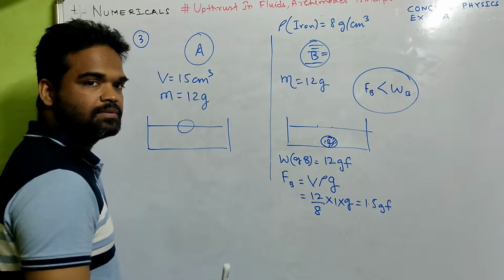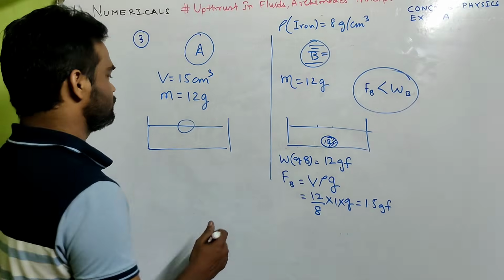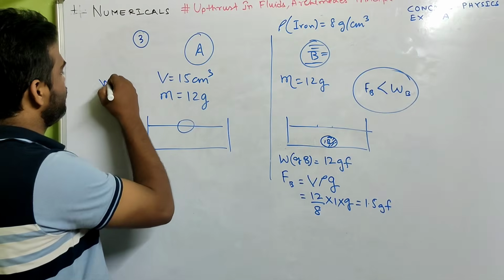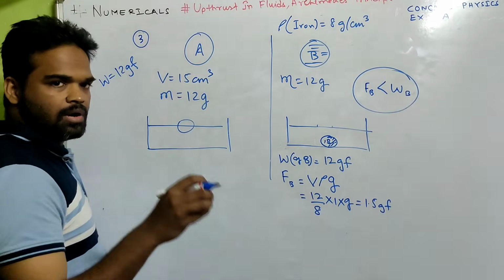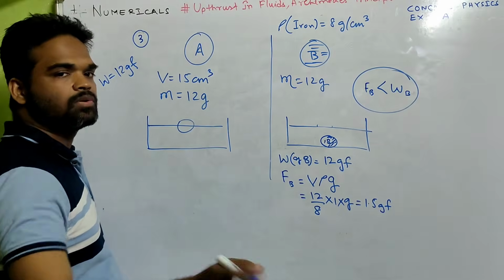Upthrust is what? V rho g. Now, this one. So the weight of this body is 12 gram force. Now, let us assume that it is completely immersed in water.